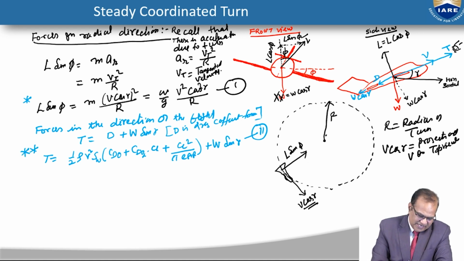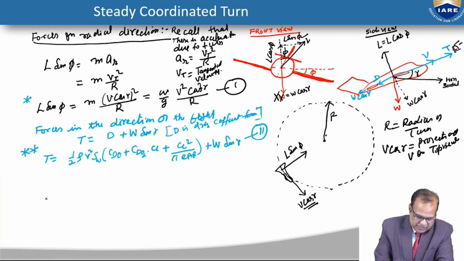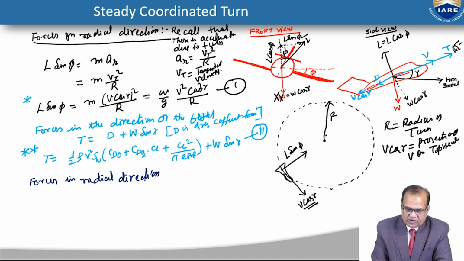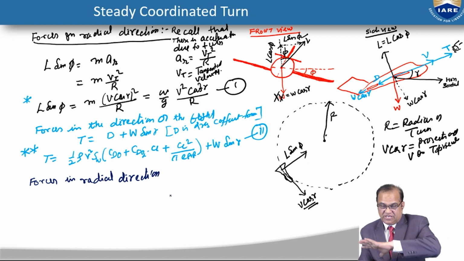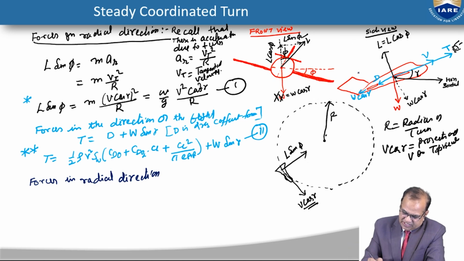Now forces in the radial direction. So what are the forces in the radial direction? If you see mv square by r, because if this is turning with this radius. So we know that here L cos phi, this L cos phi, is perpendicular in this.